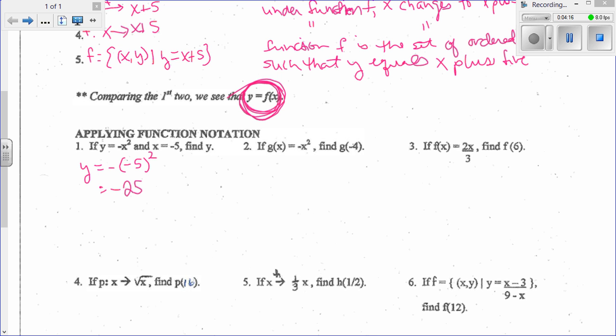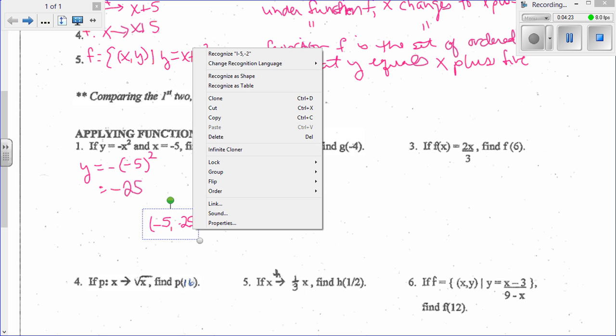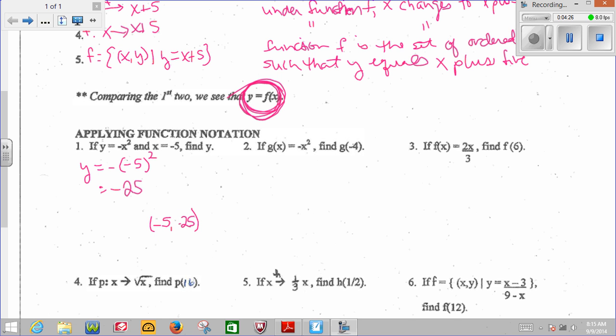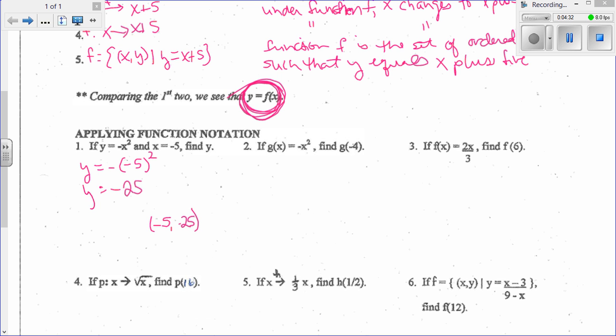So, in other words, this is like saying the point negative 5, negative 25. I can write my answer as an ordered pair. I don't have to, but I can. Just y is equal to negative 25.